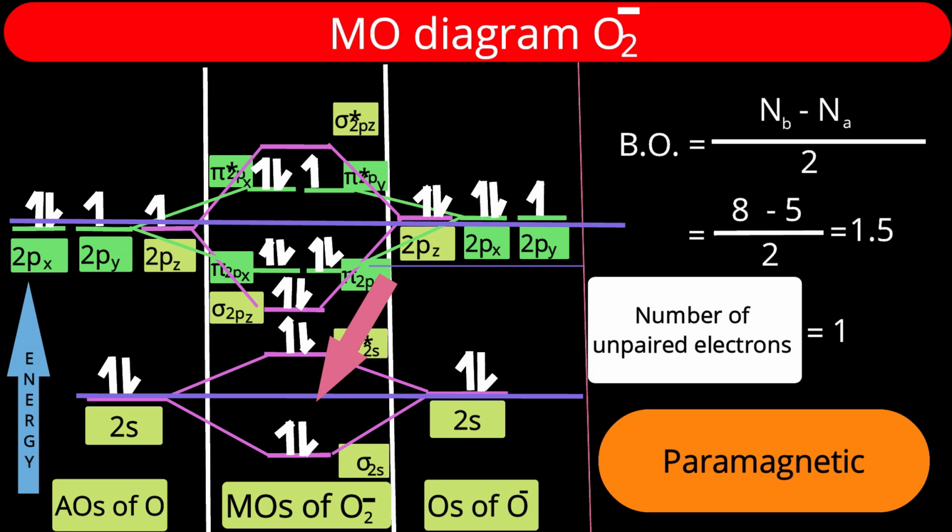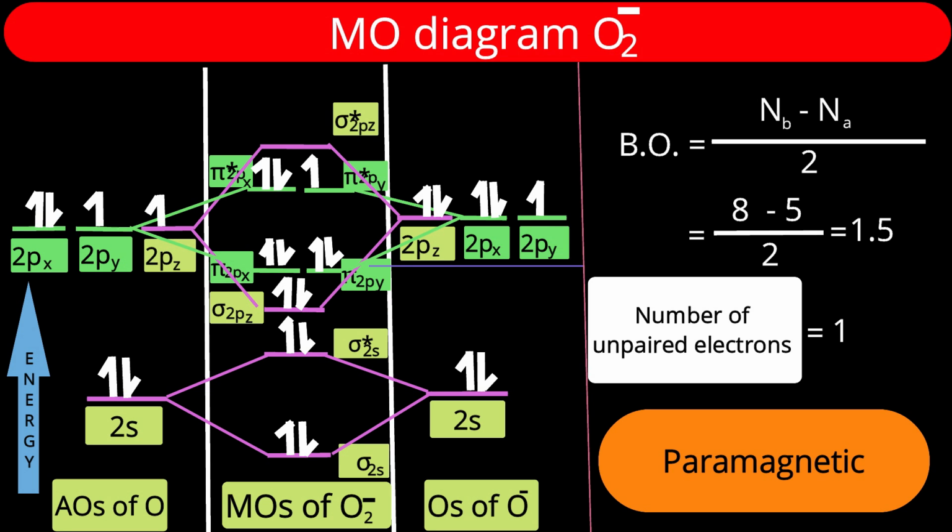If I begin from the 1s orbitals, the 1s orbital of oxygen is lower in energy than the 1s orbital of the other species, the O minus ion. Will they interact or not? They will not interact because those are inner orbitals, not experiencing sufficient interaction. If there is no interaction, then the orbitals will remain non-bonding. So relative to atomic orbitals, their energy remains the same. Overlap integral remains 0.